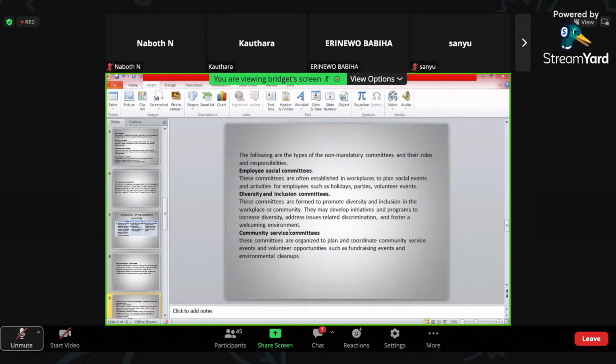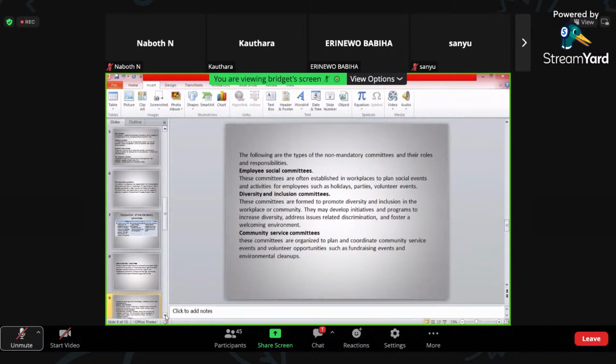The next committee, the diversity and inclusion committees. These committees are formed to promote diversity and inclusion in the workplace or community. They may develop initiatives and programs to increase diversity, address issues related to discrimination, and foster a welcoming environment.